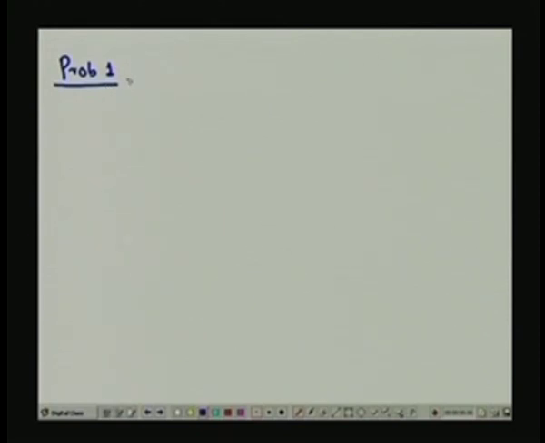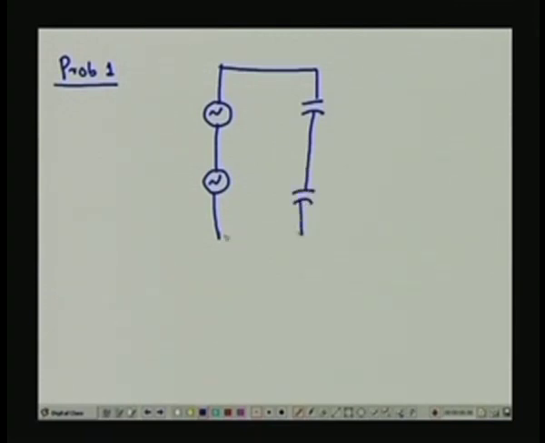Problem 1. Problem is like this, that I have a sensor. Rather, I should first draw this.